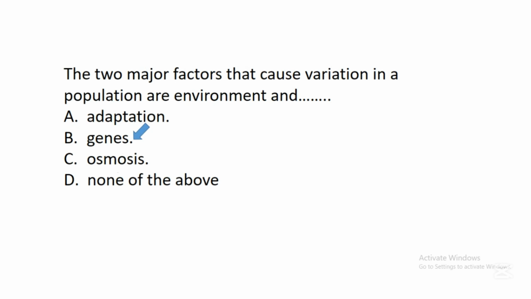In one of our videos, we have already treated genetics. So when you go to that video, you learn many things concerning how genes control traits and also variations in organisms. So the two main factors that cause variation, as we have said already, are environment and genes.